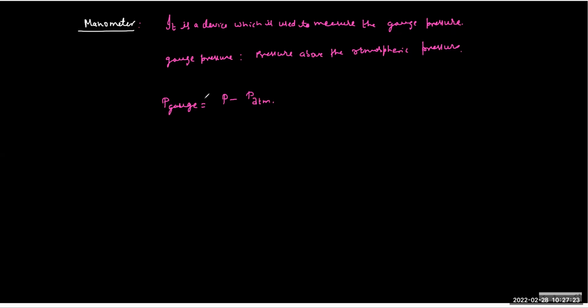Once you know the net pressure P, if you subtract the atmospheric pressure, what you get is the gauge pressure. In most scenarios the gauge pressure is important because the working of various devices depends on the change in pressure above atmospheric pressure, because everything is already at atmospheric pressure. So when you make a change above this, you can see the difference.